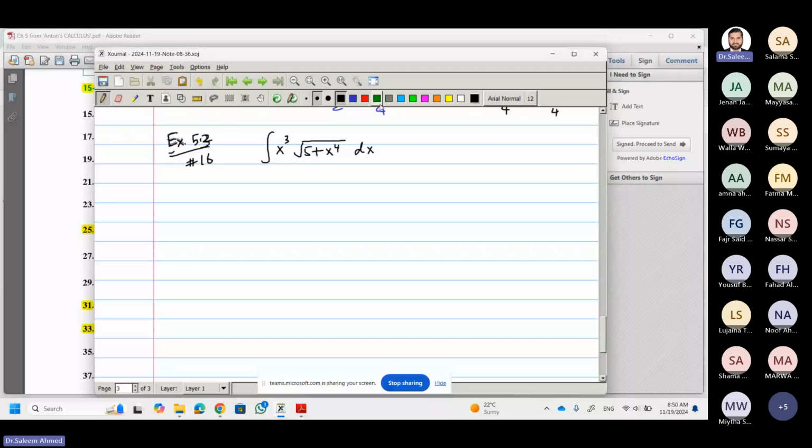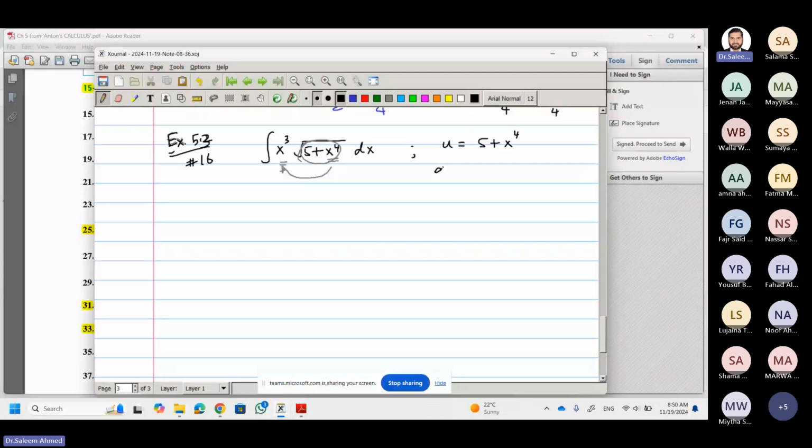Now if we look at this, x4 has the derivative x cube, but 5 has derivative 0, so why not include it? So I take u equal to 5 plus x4. Do not take the square root. I saw students take the square root with it. No, we cannot handle it if you take the square root. Just take the inside function only.